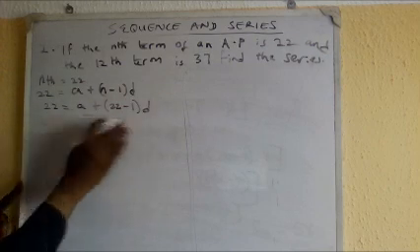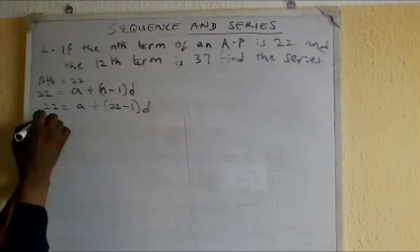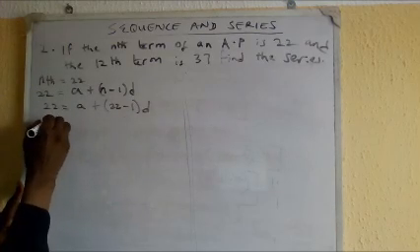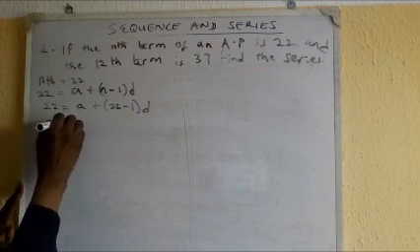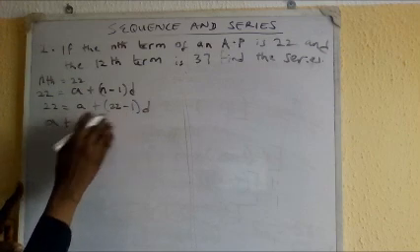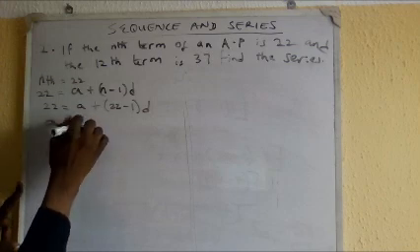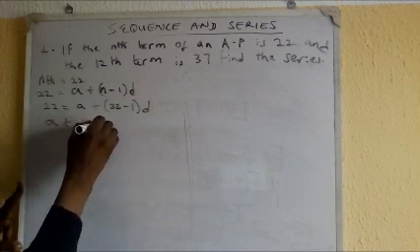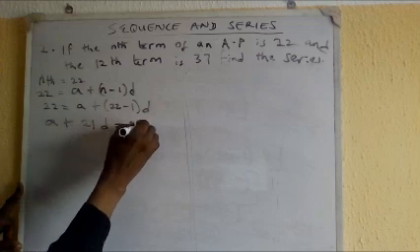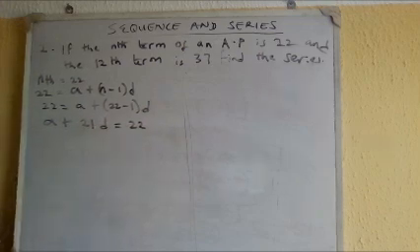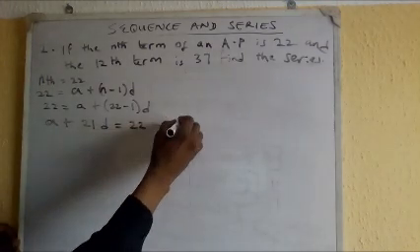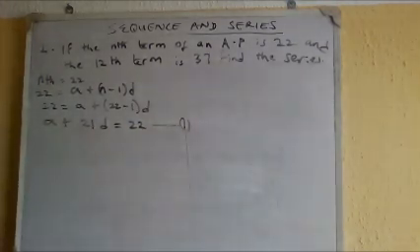So I have 2 variables that are missing here. So I'll write this properly. I'll say a plus 22 minus 1 is 21, 21d is equal to 22. So I have 2 missing variables here. I'll call this equation 1.